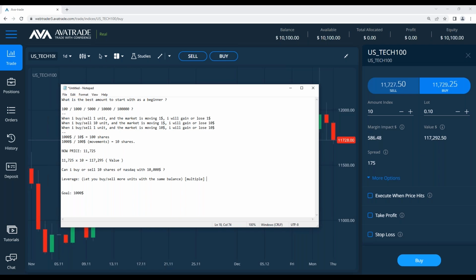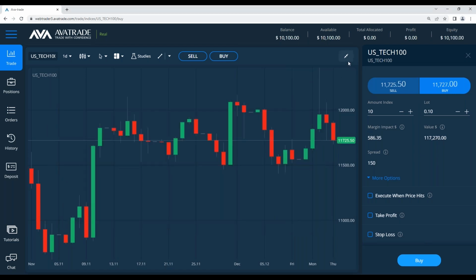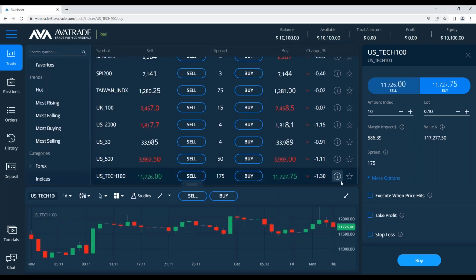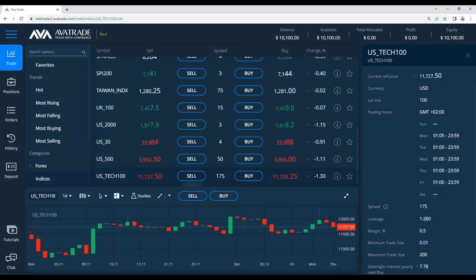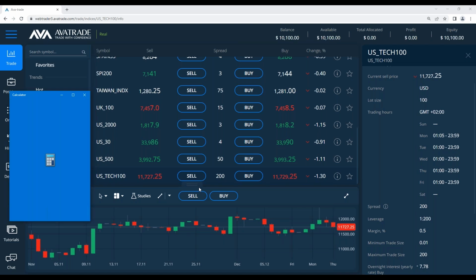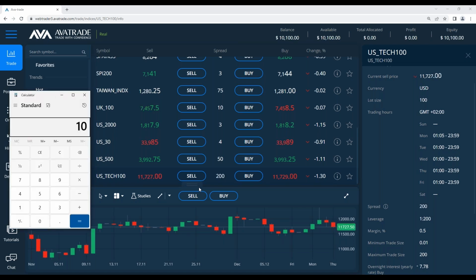That means that my 10,000 is going to behave as if I had a much bigger amount. How much bigger? If I click here on the I, I can know. My leverage is here, 1 to 200. So my 10,000 is going to behave as if I had, hypothetically, 10,000 multiplied by 200. Sorry, 2 million. I have a strength of 2 million, even though I don't have 2 million in my account.